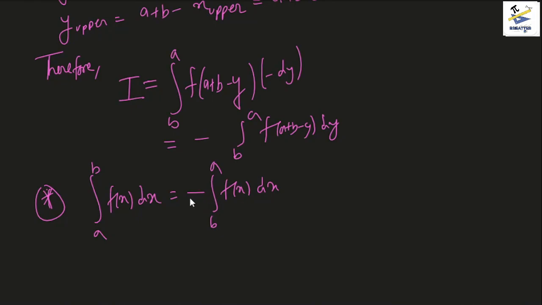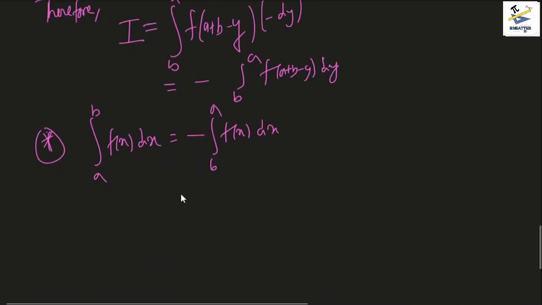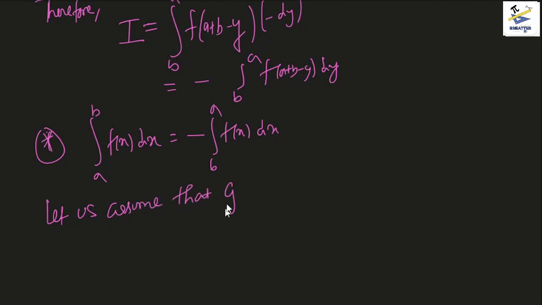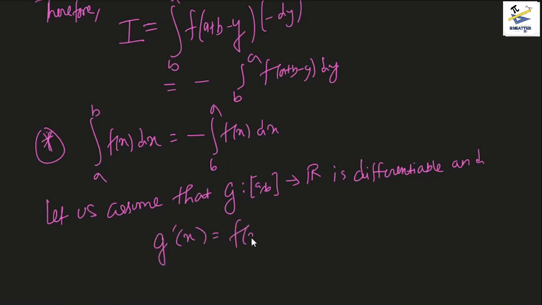This can be proved in a very easy way, because let us assume that g is differentiable and g dash x equals f of x for all x belonging to a comma b, right?